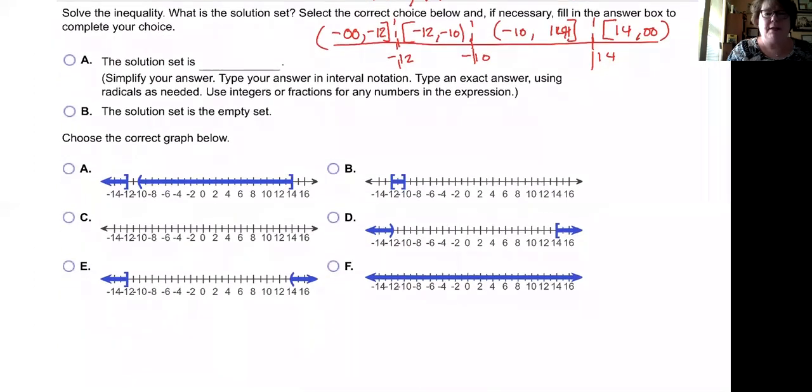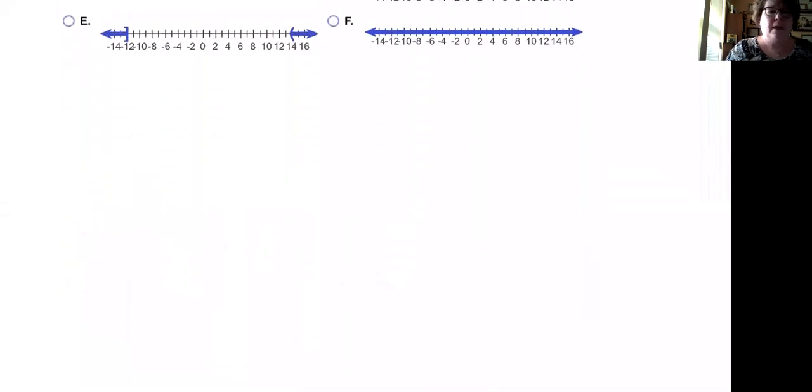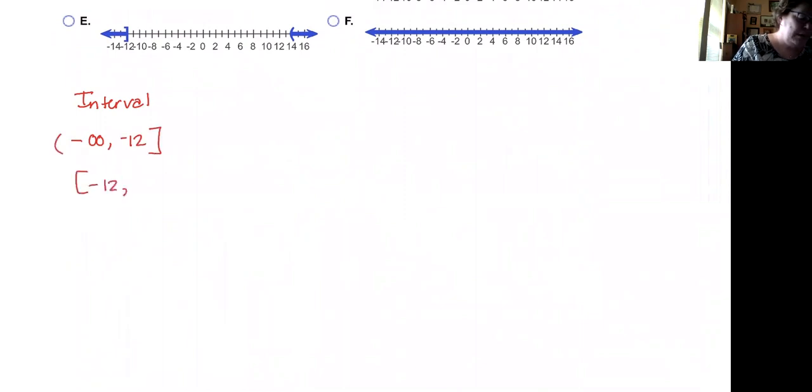So I'm going to go down here where I got some white space, and let's set up our test intervals. We have these 4 intervals from -infinity to -12, from -12 to -10, and you'll note I've got a parenthesis on that -10, because if x were -10, that would cause division by 0, and I can't do that.